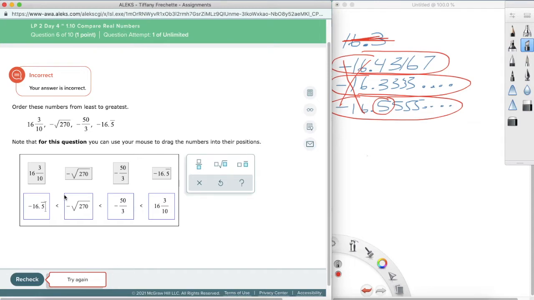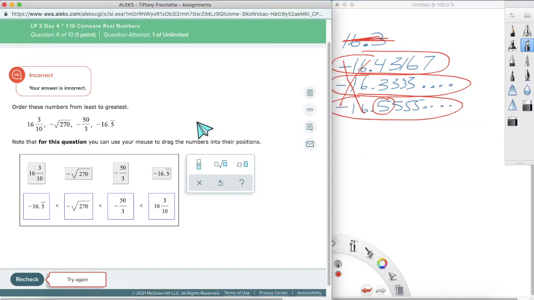And one thing to make sure, it's always a good idea to make sure that you didn't type in some numbers wrong when we were doing the calculator. 16.43. That one looks good. 50 divided by 3. That one looks good. Well, interesting. Which one does it not like?